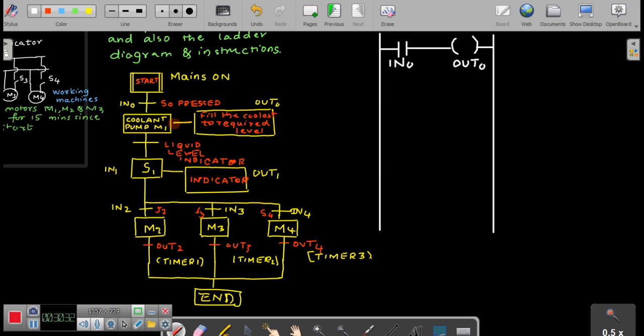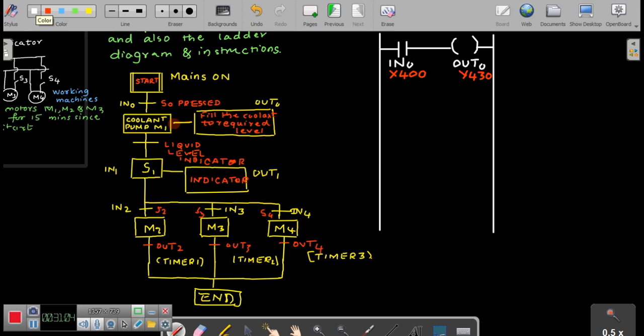IN naught, you can even take it as X400 as per the nomenclature which we have seen, because that would be easy for us to draw the instructions. X400, and here I will take the output as Y430. So this is going to be my first rung.